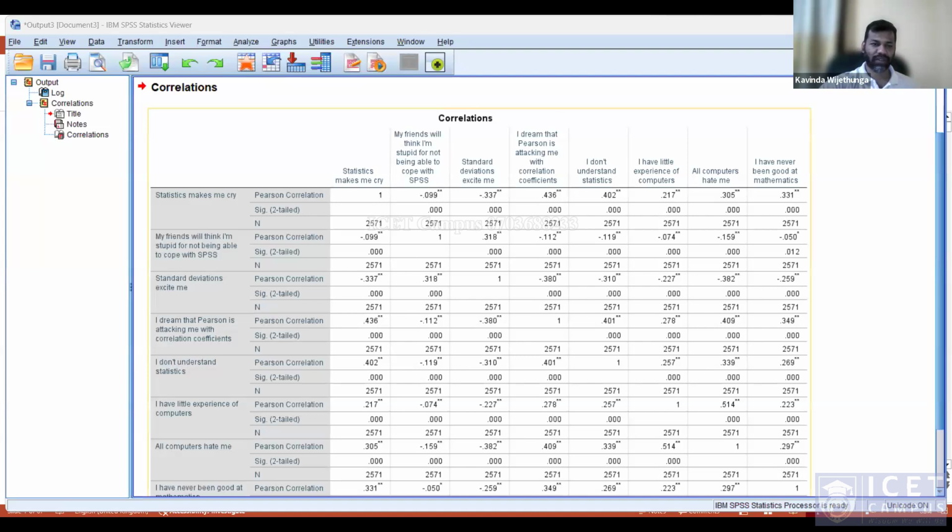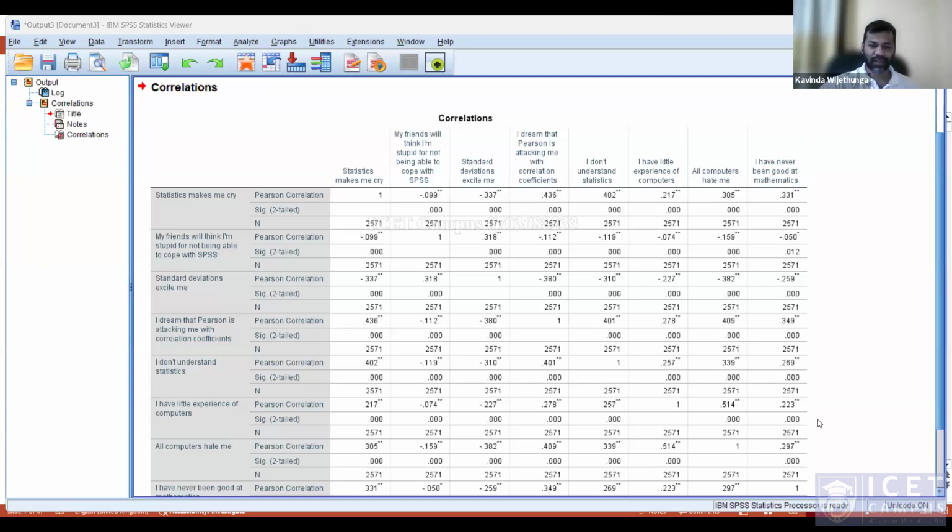Then negative 0.337, right? Negative 33.7. Likewise, you can find the relationships and the correlations here, right? So these are the correlations.